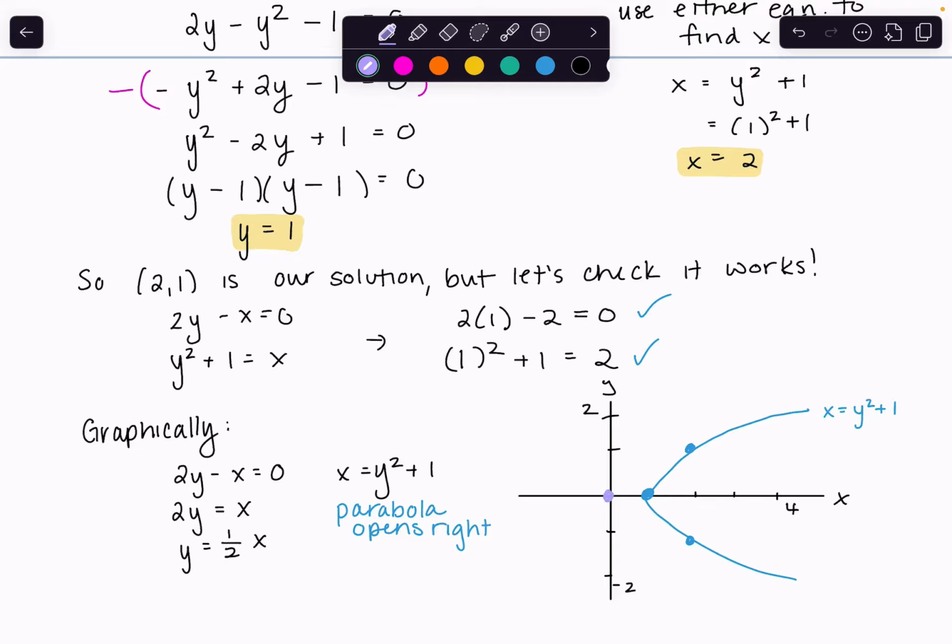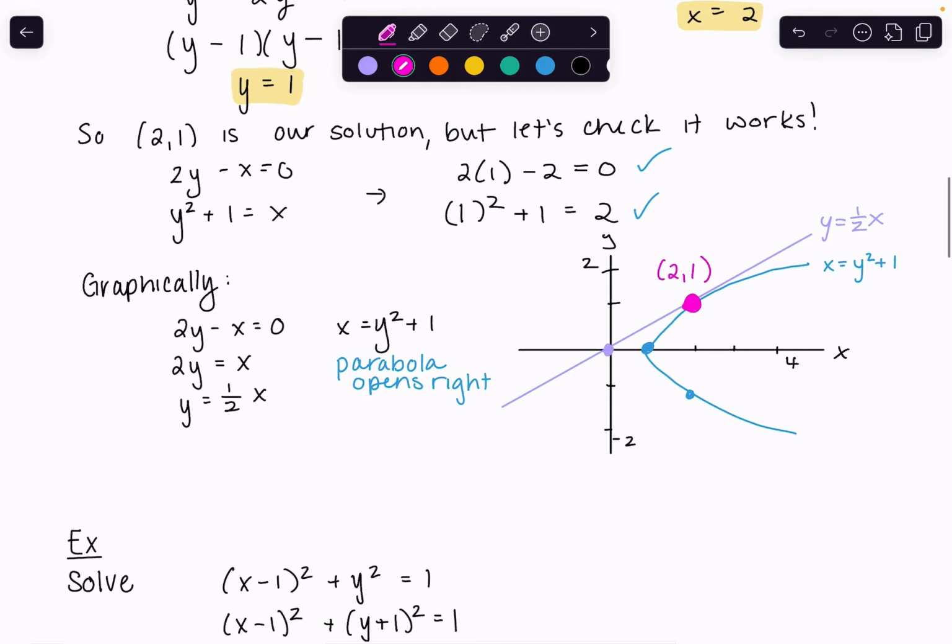My slope is 1/2. So I go up 1 over 2, and it goes through this point here. And then I go ahead and connect the dots. So indeed, I have that single point of intersection at 2, 1. Okay. So that is my only solution to this system.